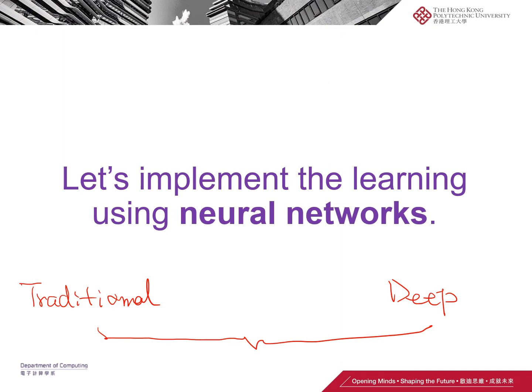However, in between, there are neural networks, which are considered traditional machine learning as well, but at the same time, when you're making more complex neural networks, it becomes deep learning or deep neural networks. So before we get into deep learning, let's see what neural networks are.